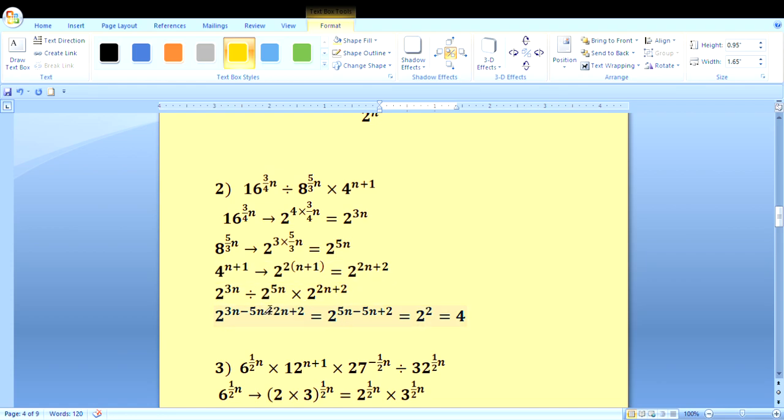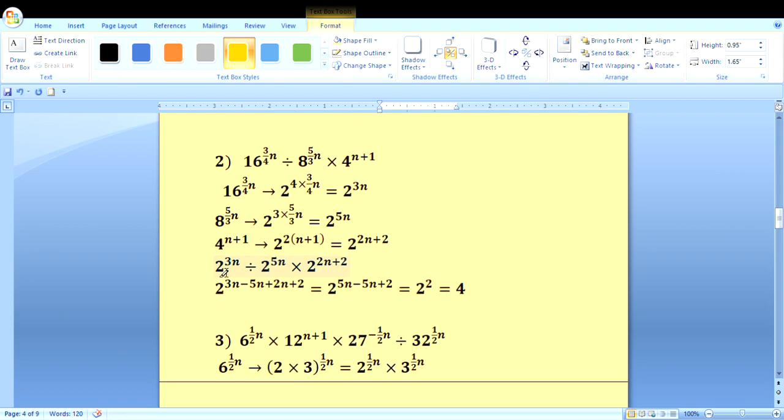We will replace all those things that we have expressed using a common base of 2 into the expression, and this becomes 2 raised to the power 3n divided by 2 raised to the power 5n times 2 raised to the power 2n plus 2.